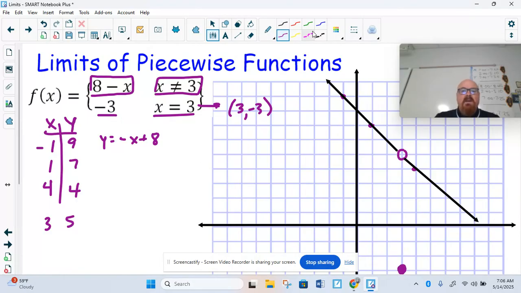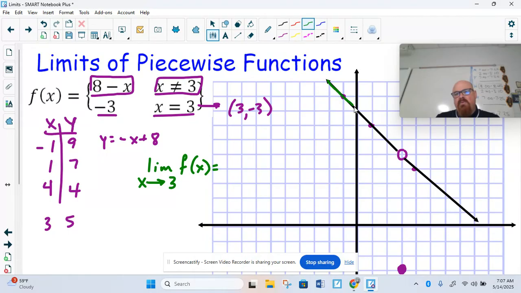Okay. Now we've done a couple of these already. Go back and look at some of the videos that precede this. If I wanted to do the limit as x approaches that hole in the graph, I'm not going to keep showing these left and right hand limits. What I am going to do is just approach.